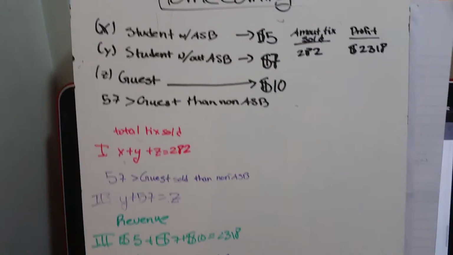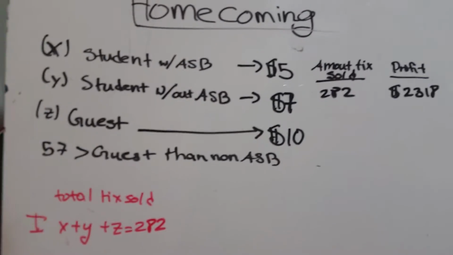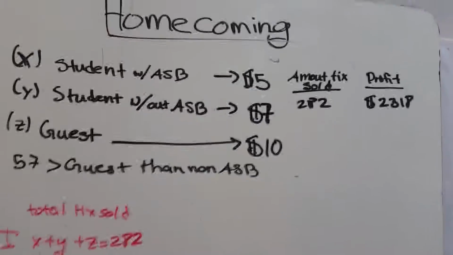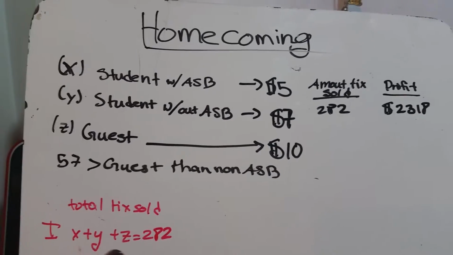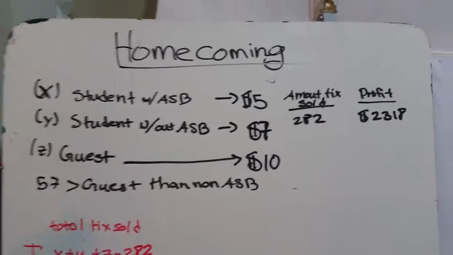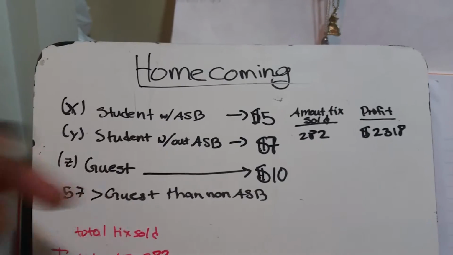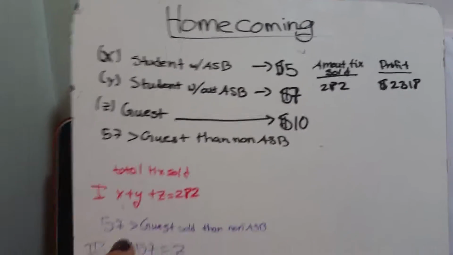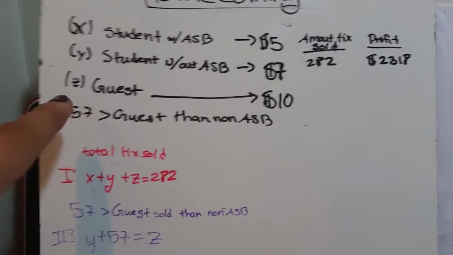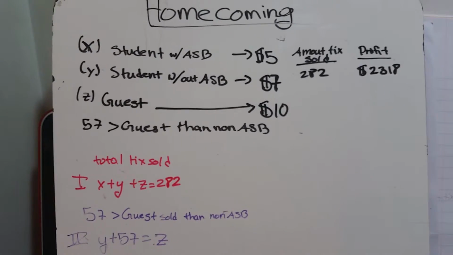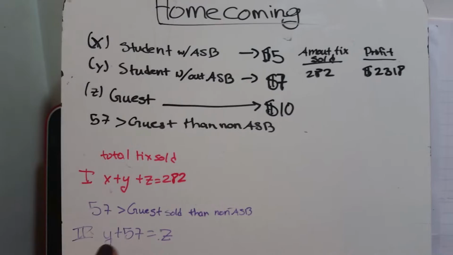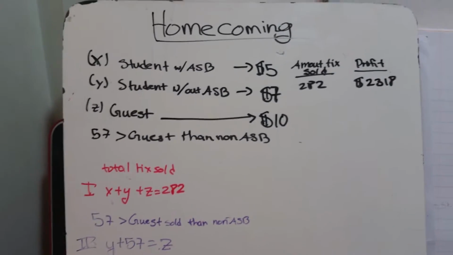So first we're going to come up with equations. The first equation is total of tickets sold. We're going to use the Roman numerals to number them off. The first equation is x plus y plus z equals 282, because that's each ticket and the amount of tickets sold. Then, we had 57 more guest tickets sold than non-ASB, so the second equation is y plus 57 equals z.